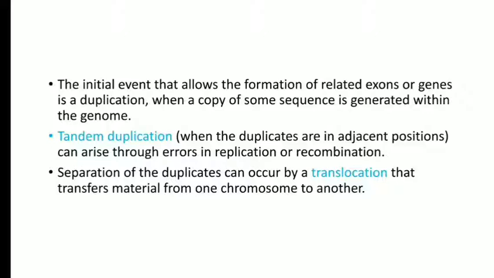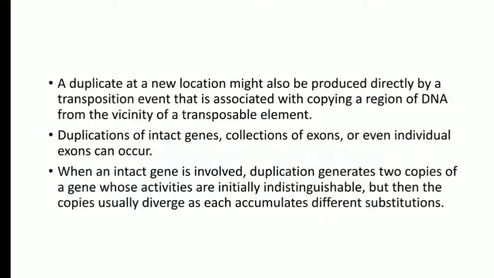Separation of duplicates can occur by translocation, which transfers material from one chromosome to another. Members of a multigene family exist on different chromosomes due to relocation of these genes after duplication. Transposable elements play a role in the movement of genes.